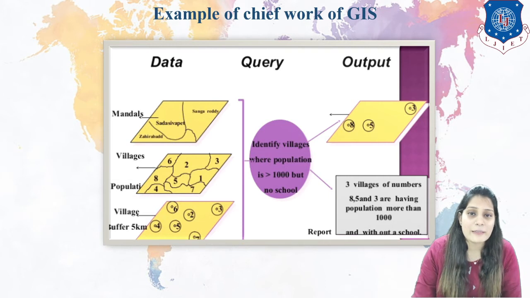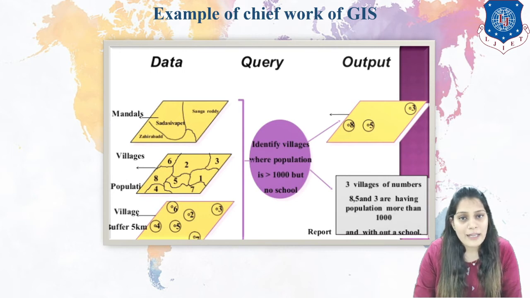Now you see I have run the query here. Tell me the population of each village which is greater than 1000, or near about 1000, or less than 1000. You can add anything to the data I have.